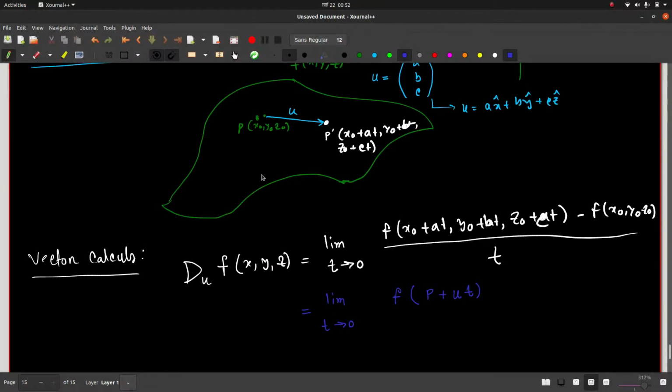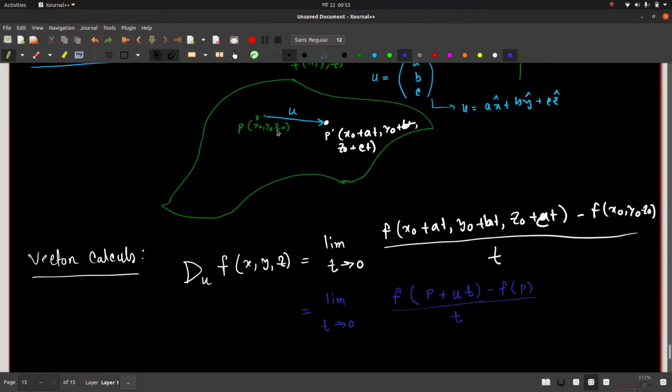You can think of it both ways. If this limit exists, then the value of this limit evaluated at the point x0, y0, z0, which corresponds to t equals 0, would be the directional derivative.